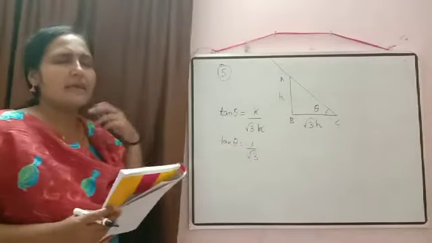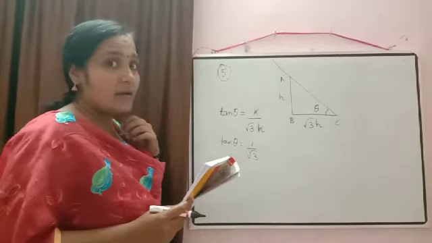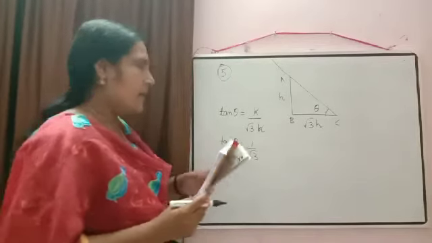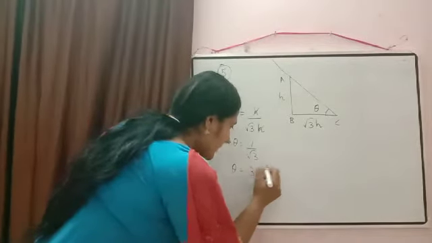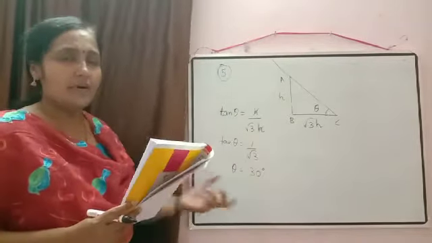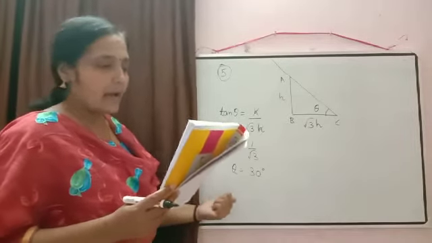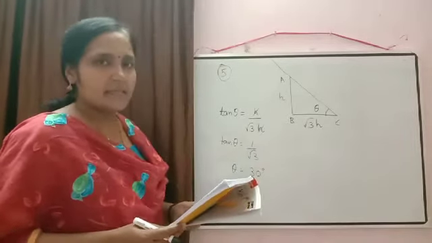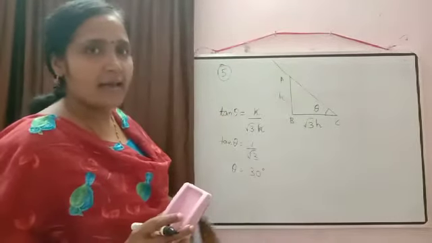Can you tell me tan gives 1 by root 3 at which angle? Yes, when theta is equal to 30 degrees. So we will write here theta is equal to 30 degrees, and then write down the answer statement: the angle of elevation is 30 degrees. So I hope it is clear how we are drawing the diagram.